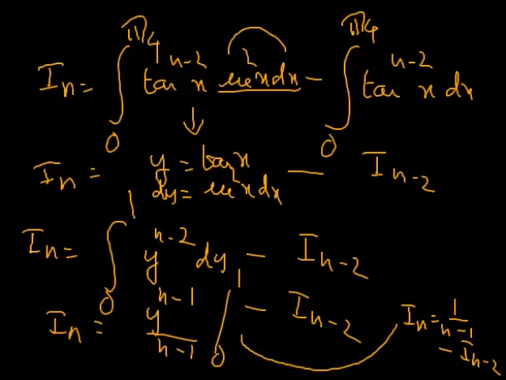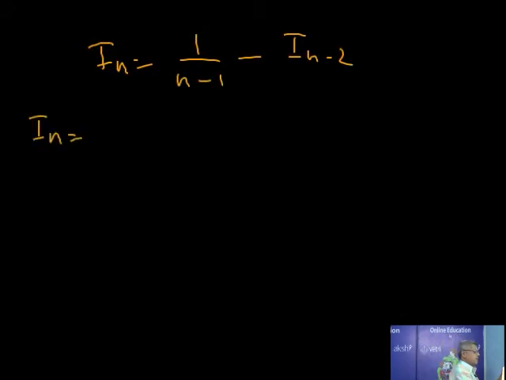What's the advantage here? Let us take one problem, by writing the reduction formula first: In is equal to 1 by n minus 1 minus I(n-2), where In stands for the integral 0 to pi by 4, tan x power n.